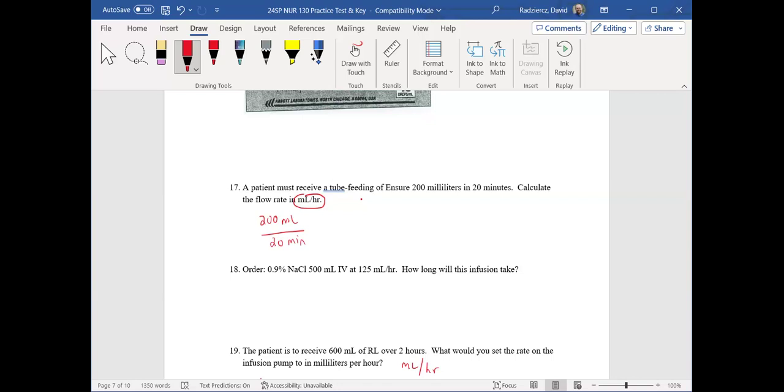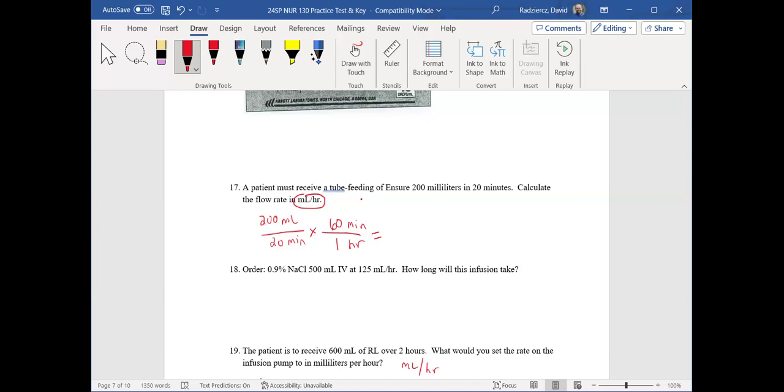I'm going to show you the way I would set that up using dimensional analysis, because I think knowing how to do this will help you out later on, particularly in later semesters. But all you're doing is converting minutes to hours. And you've probably known this since grade school, that 1 hour is 60 minutes.